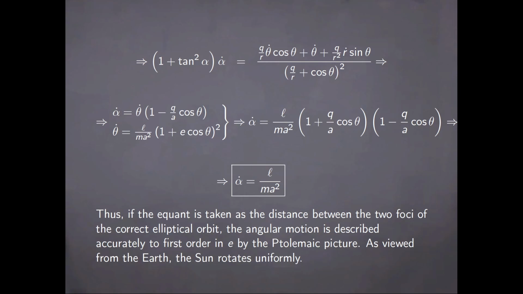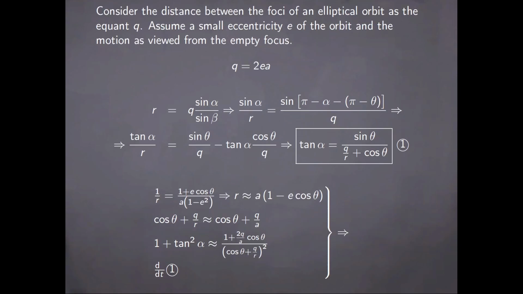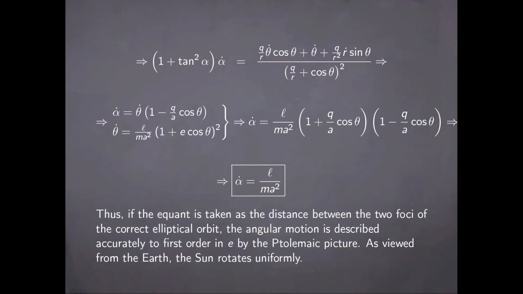This is still in intermediate form, so I haven't yet replaced the sum here by this result, but working everything out, we can ultimately write the time derivative of alpha as being equal to the time derivative of theta times this difference. And we know the time derivative of theta from the conservation of angular momentum.